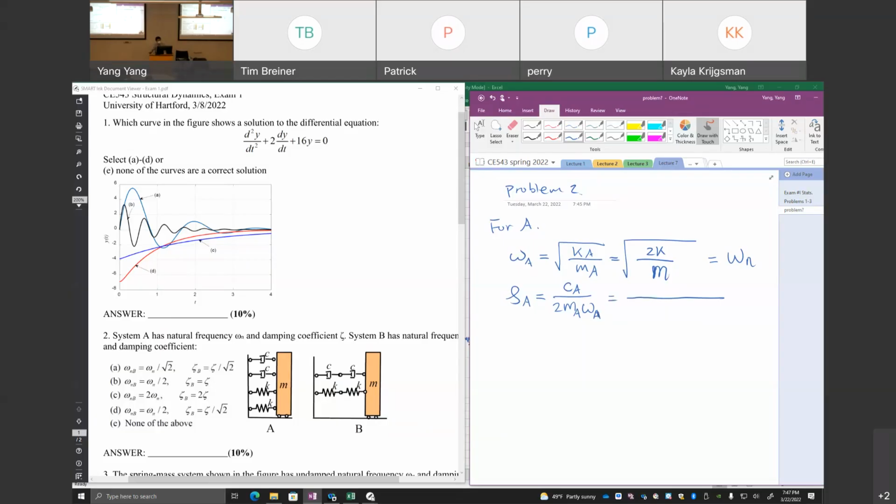We have two dampers, and the two dampers are parallel, so it should be equal to 2 times C.